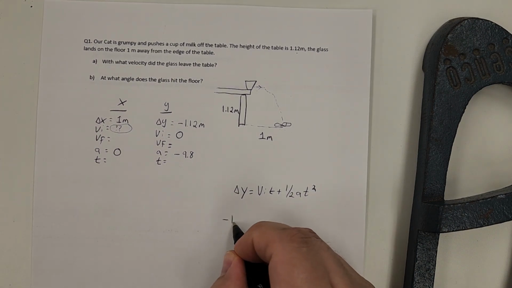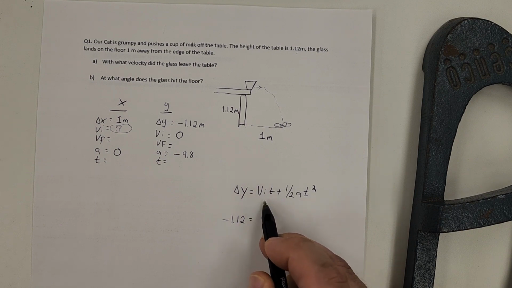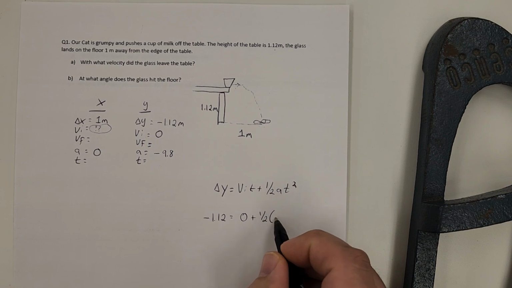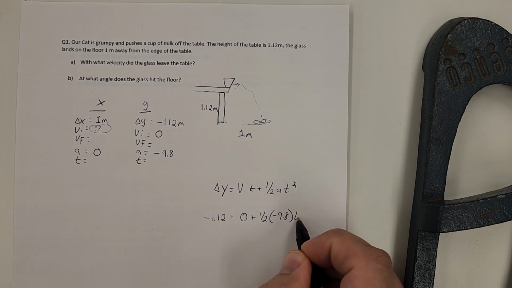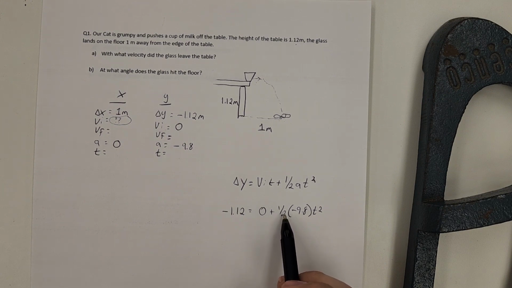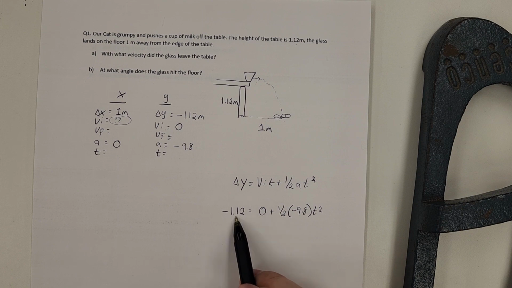I have change in y. Vi in this case is 0 plus 1/2 negative 9.8 times t squared. Okay, so we'll take half of negative 9.8. We'll divide it to the other side. Then we'll take a square root.